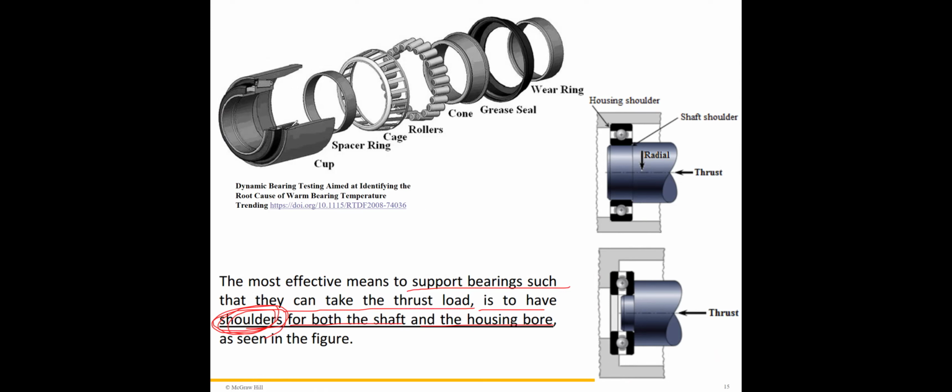So this figure shows the assembly of the taper roller bearing. As I mentioned, the cage is like the separator of the ball bearing, to separate the rollers and the race. And if you don't want to use the taper roller, you can use the shoulder.